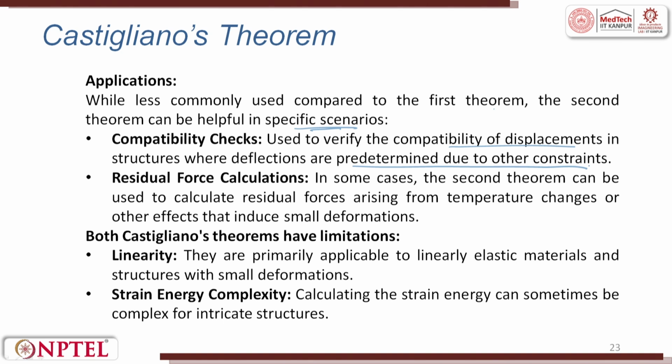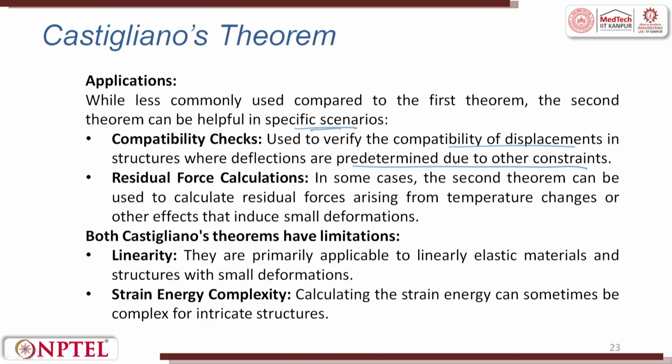Suppose you have a rod, or let us take a shock absorber. The shock absorber spring is there, it is placed and then it is kept inside a cylinder. So, the deflections are predetermined due to other constraints. Residual force calculation: in some cases, the second theorem can be used in calculating the residual forces arising from temperature change and other effects that induce small deflections.